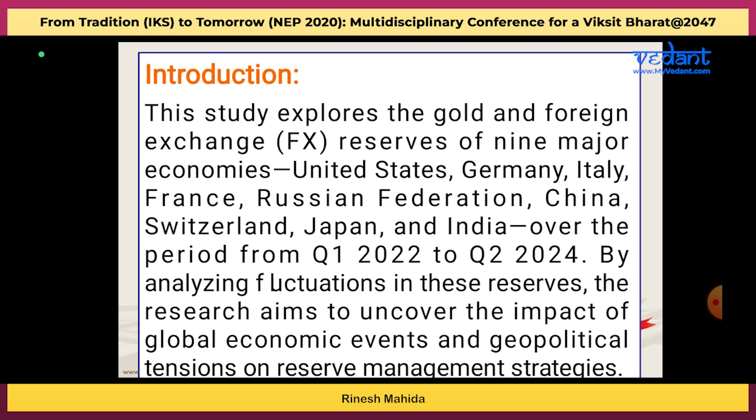By analyzing fluctuations in these reserves, the research aims to uncover the impact of global economic events and geopolitical tension on reserve management strategies.